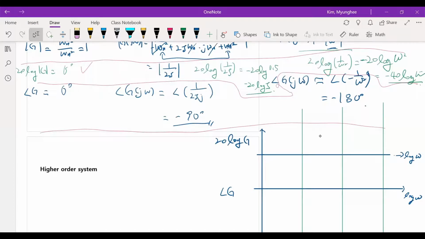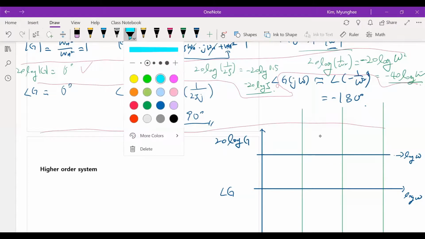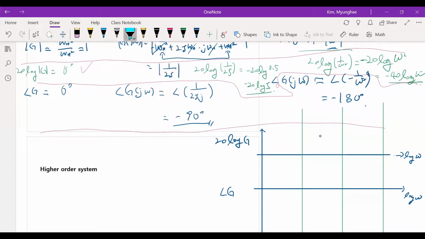From the log magnitude part, let's use green. So this should be 0.1 ωn, and then ωn, and then 10 ωn.